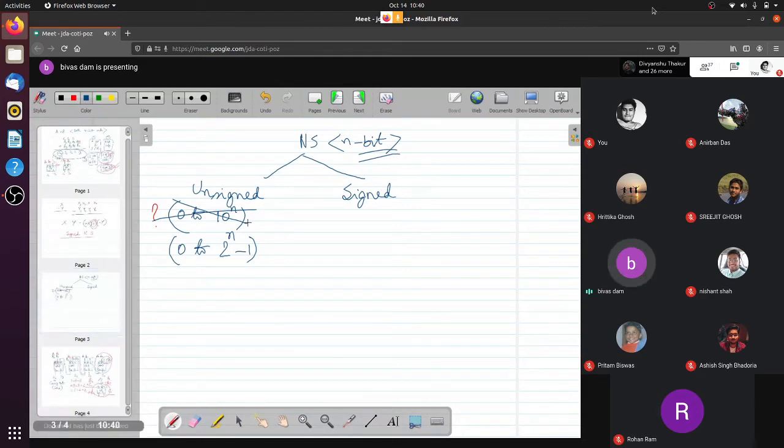Okay, so that's the unsigned system. Now, when you go for the signed number system, the concept is a bit different. Here, one bit needs to be reserved out of the n bits. Out of the n bits, one bit will be set aside for representing the sign of the number. By the way, how many possible signs are there? 2. So we are lucky.